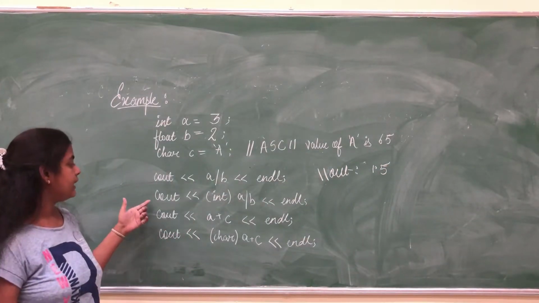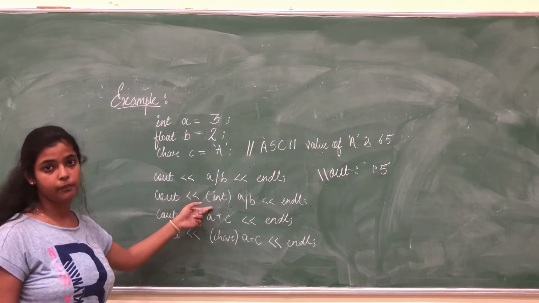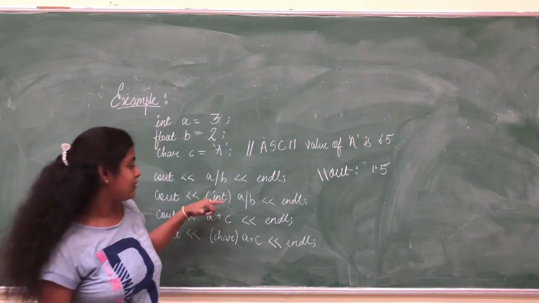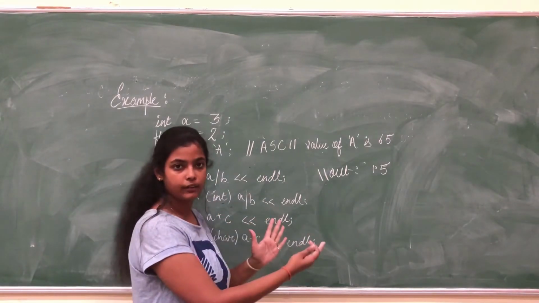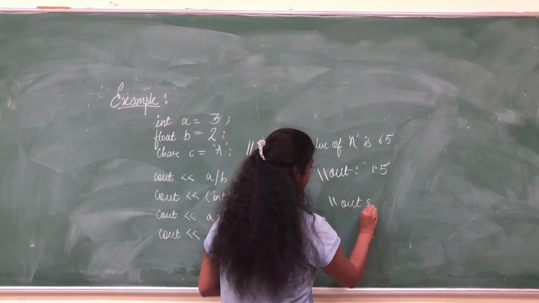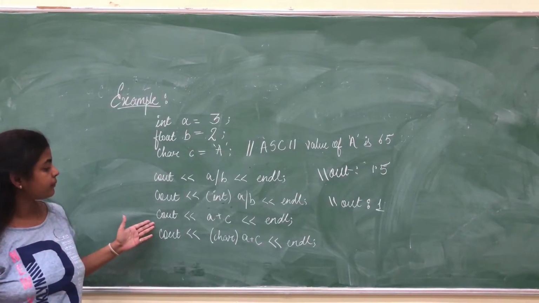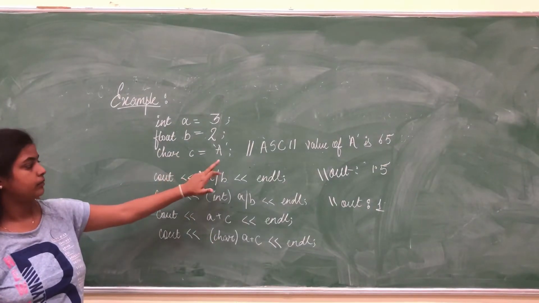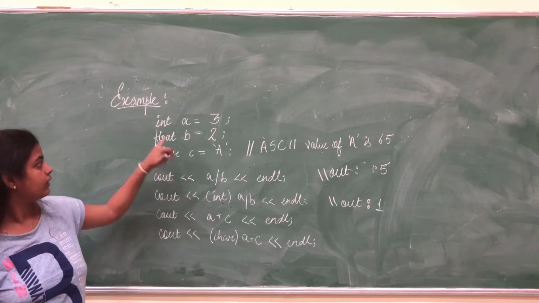Now in the second cout, we have defined the data type over here, so this is explicit typecasting. As we have defined the data type to be int, the value will be the integer 1. So the output will be 1. Now cout of a plus c. Our a is 3 and c is A, whose value is 65. Now c is a character value and a is an integer value.